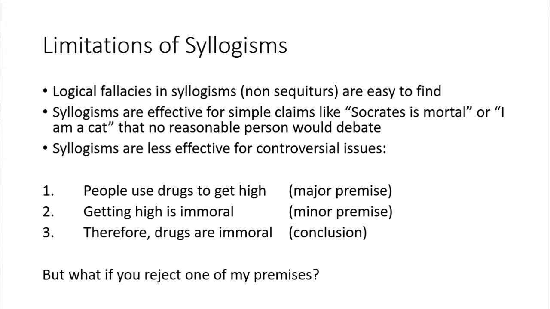And so if you reject the minor premise, that gives you grounds to reject the conclusion as well. Remember that syllogisms only work if you accept both the major premise and the minor premise. When both of those are accepted as true, the conclusion must be true. However, in a valid syllogism, if one of the premises is incorrect, that automatically makes the conclusion incorrect as well.